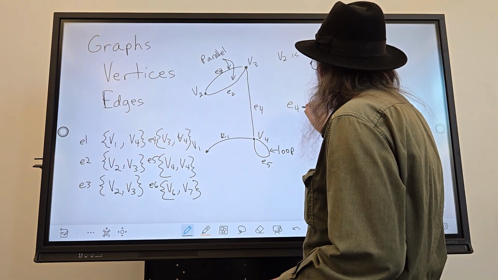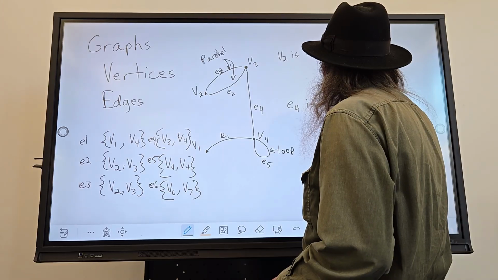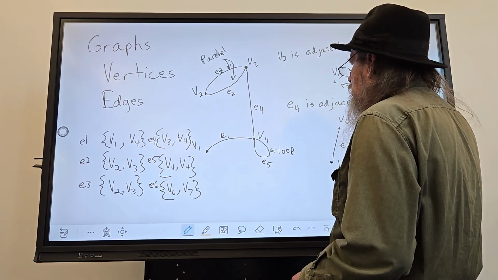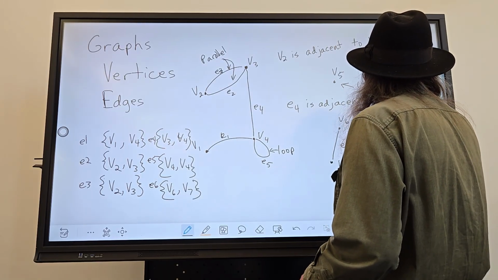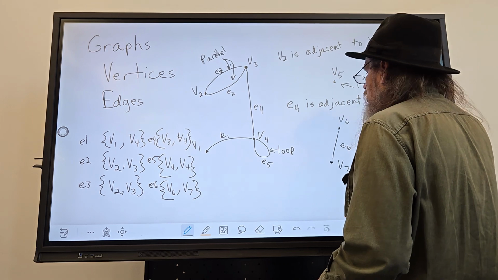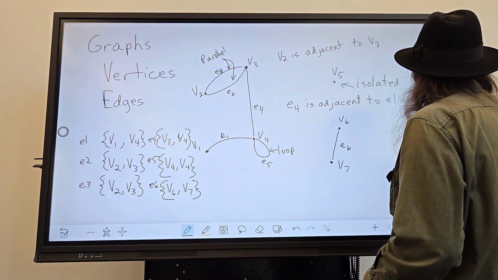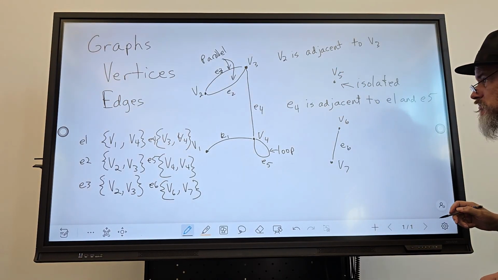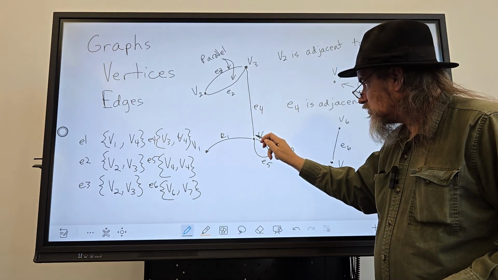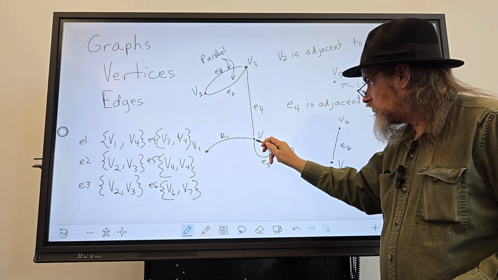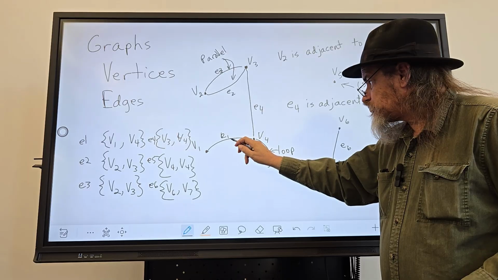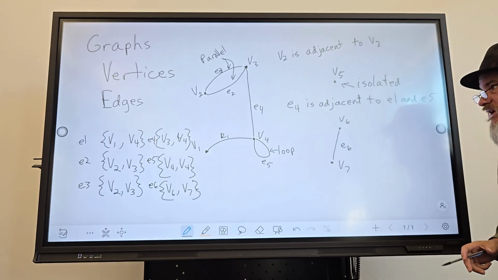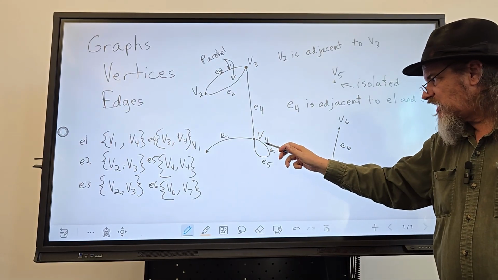E4 is adjacent to E1 and E5 and E3 and E2, but E4 is incident on V4, which also has the edges E1 and E5. So E4 is adjacent to these edges.